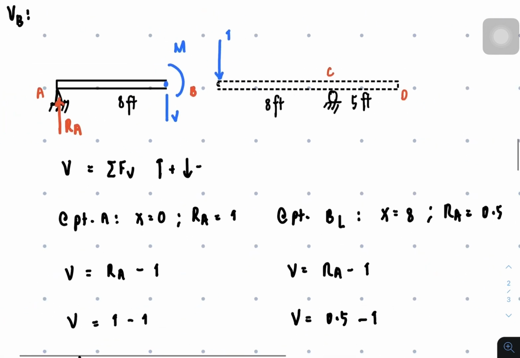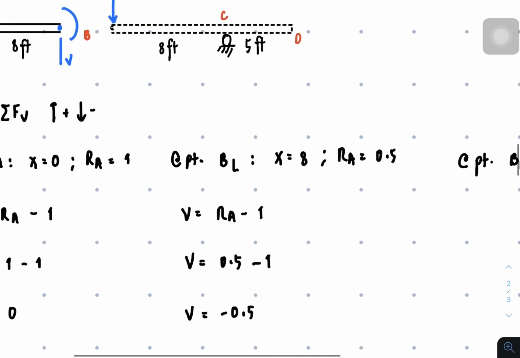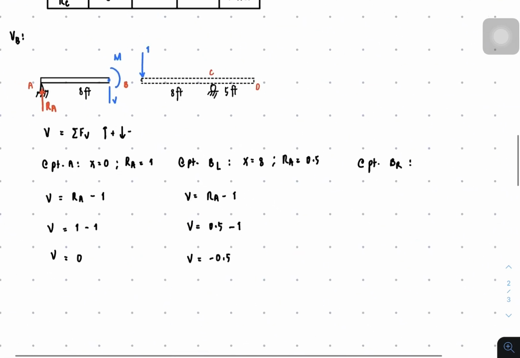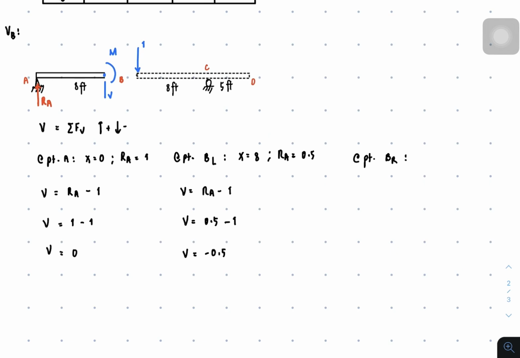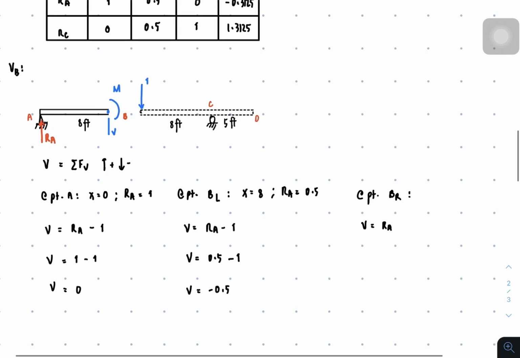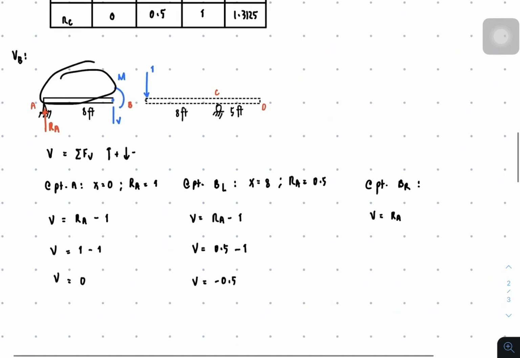Pasabot, the 1 unit load is no longer in the section. So if that's the case, we can have the shear equal to RA, and since wala na may load diha nga 1 unit, then it's plus 0.